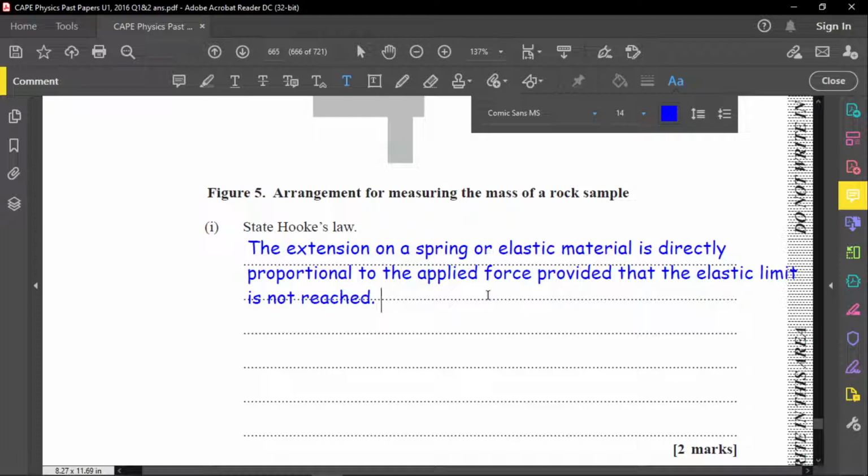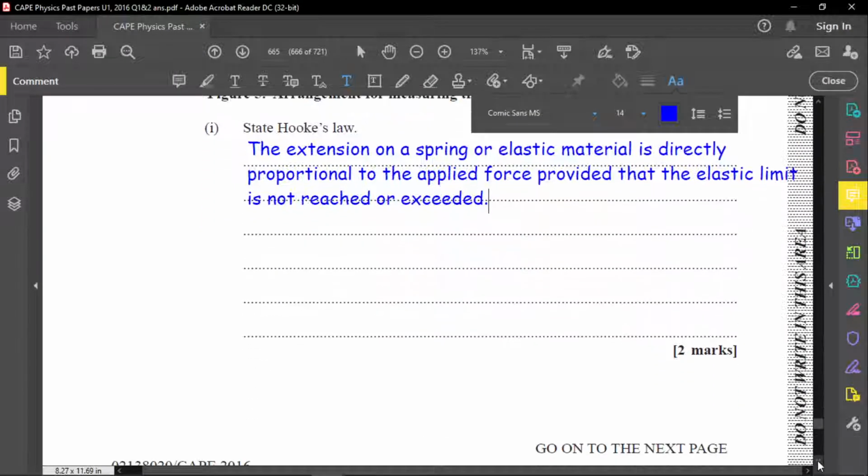So that is very important to note. And you can say not reached, or we can also use the word exceeded, which is also another way to actually say it. Okay, so let's put that piece in. All right, so very important. All right, so that's Hooke's law. That's a 2-mark question. So let's go into the next part of the question.